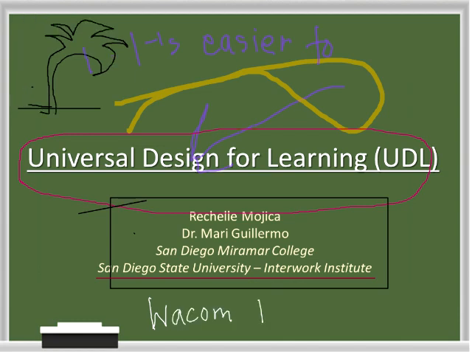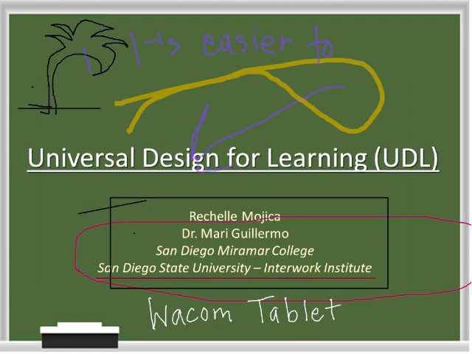You can see me writing with the Wacom tablet. And I'm actually writing as I would on paper. So it's much easier to write than it would be with the mouse. Of course, you can type using that text tool as well. But this is easy to use.